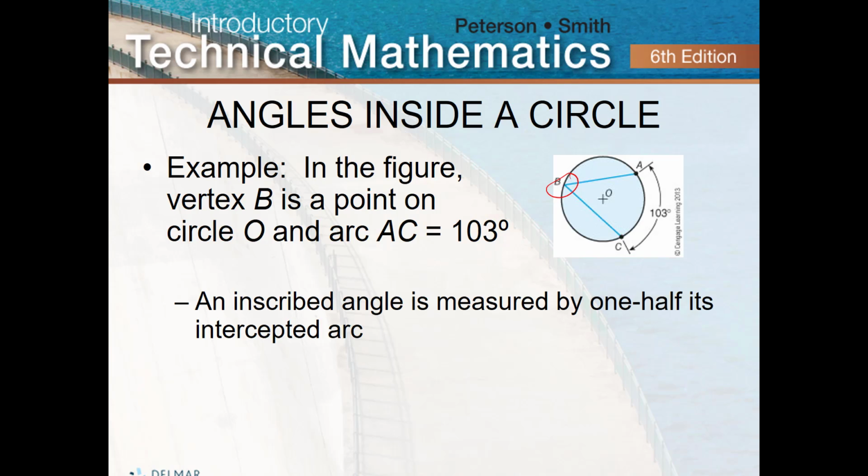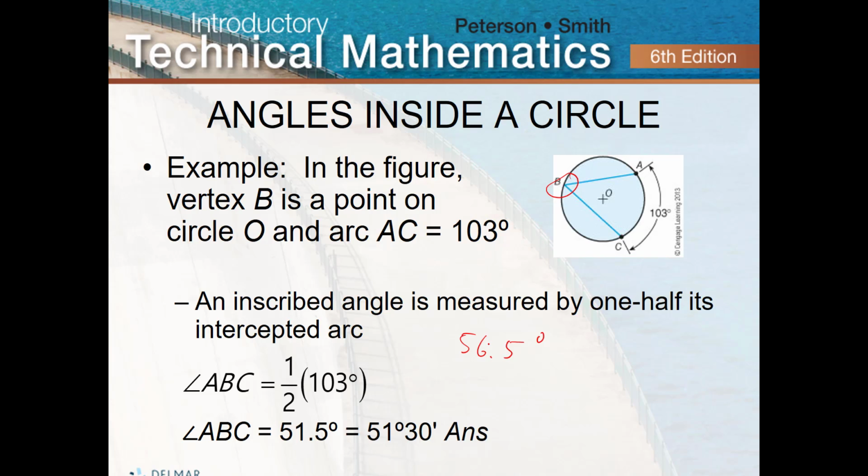So, based on the postulate, the inscribed angle is measured by 1/2 its intercepted arc. So, 103 divided by 2 is going to give us 56.5 degrees. Oh, 51.5. Oh, mental math, sorry. 51.5 degrees, or 51 degrees, 30 minutes. All right, cool.